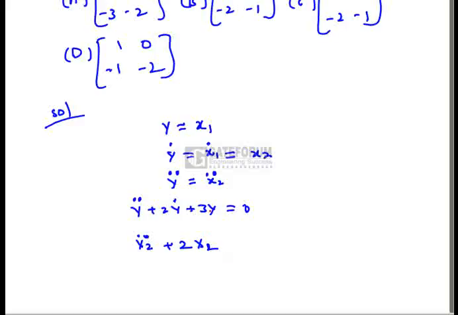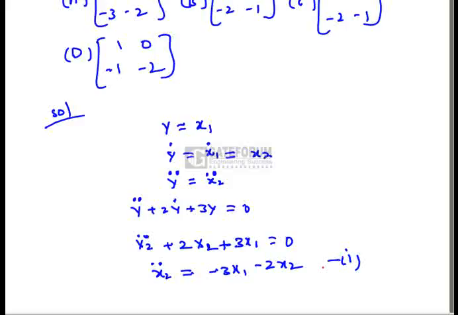So from this, x2 dot equals minus 3x1 minus 2x2. This is our equation number 1.